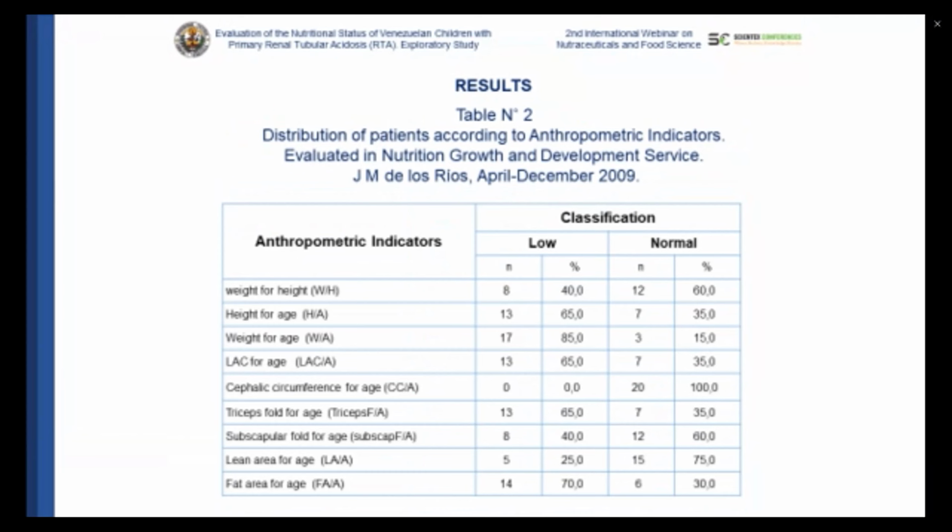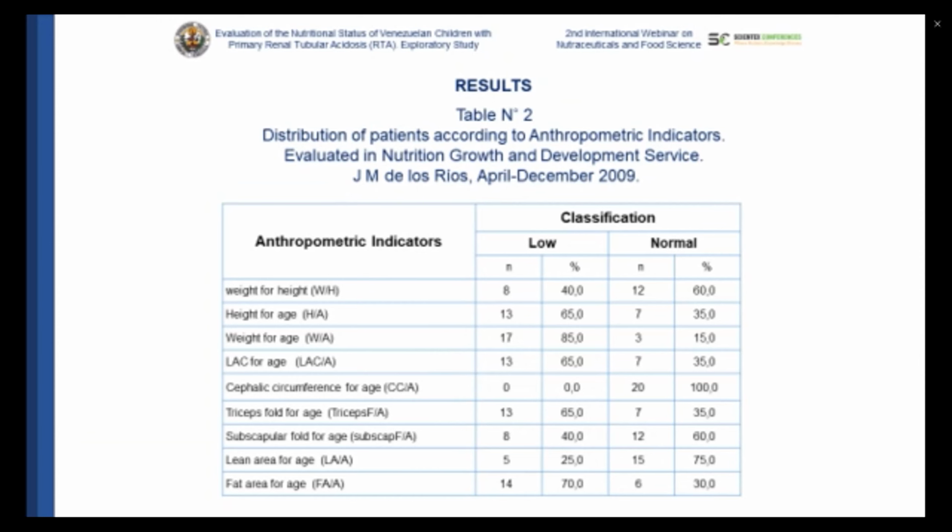Table number 2 shows for the weight for height indicator, 40% of the children were found to be underweight in relation to their height, while the remaining 60% were found to have a normal weight for height.